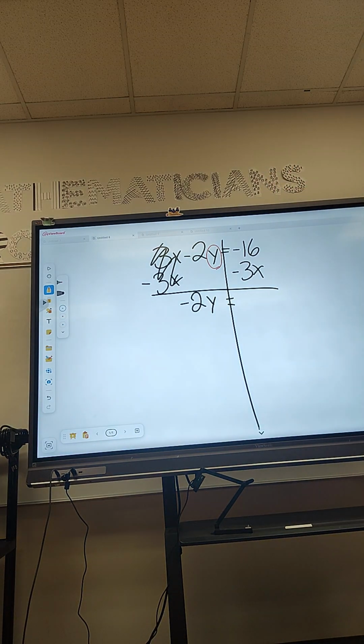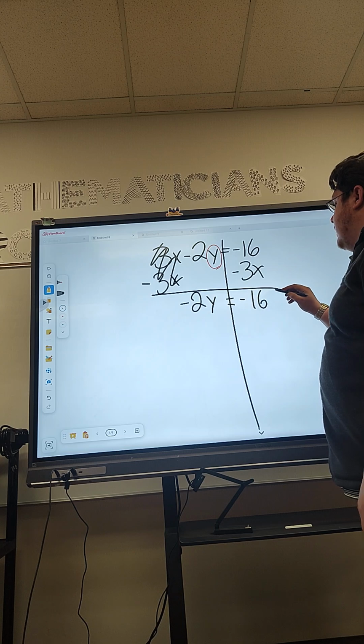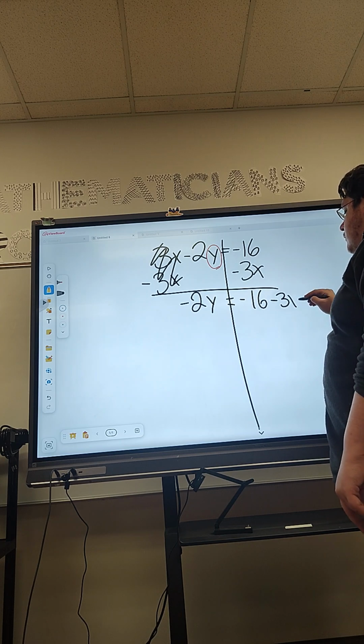Now here's something that is different from your DCMAD, right? I cannot actually combine these two things together. This negative 3 has an x, and that negative 16 does not. So instead of forcing them to combine, I can just rewrite exactly what I'm saying: negative 16 minus 3x.